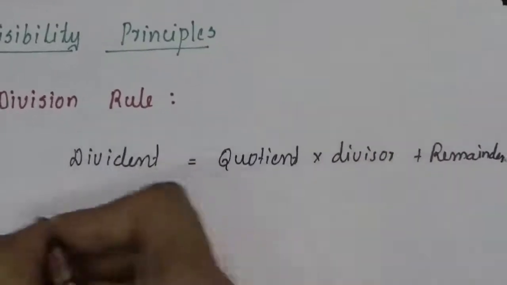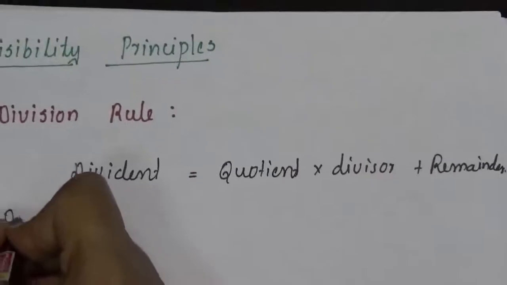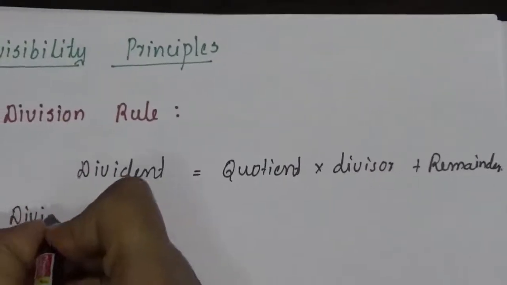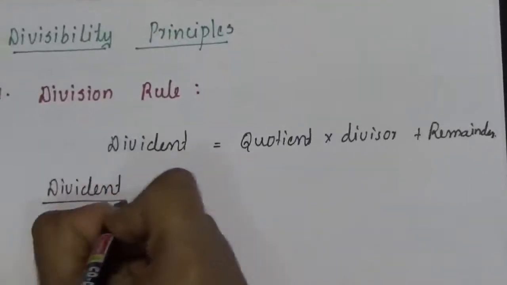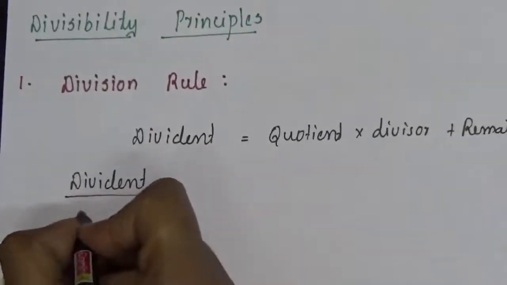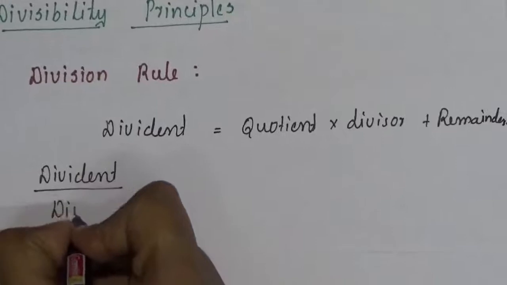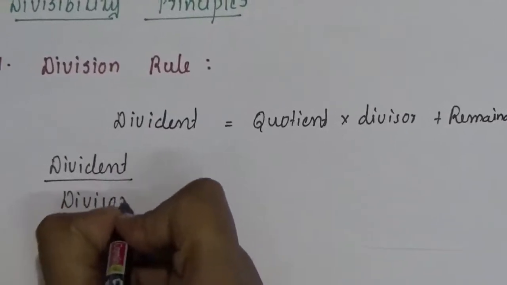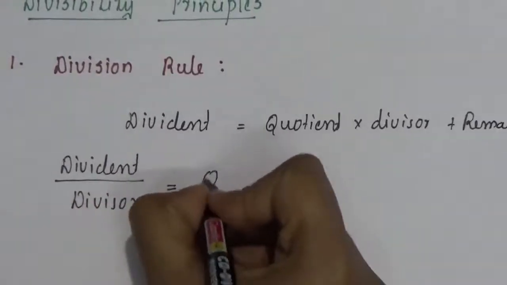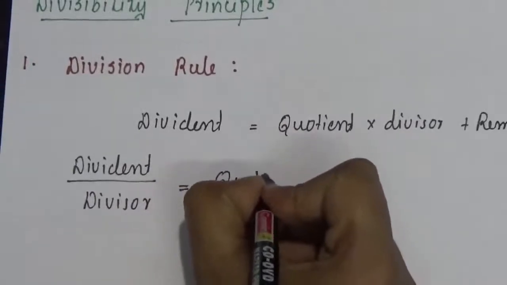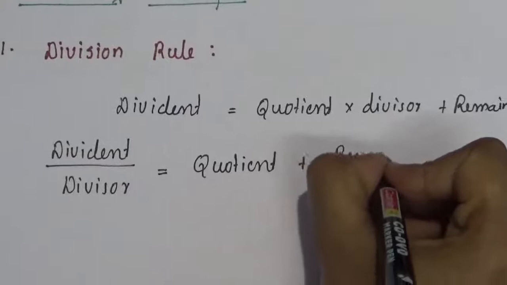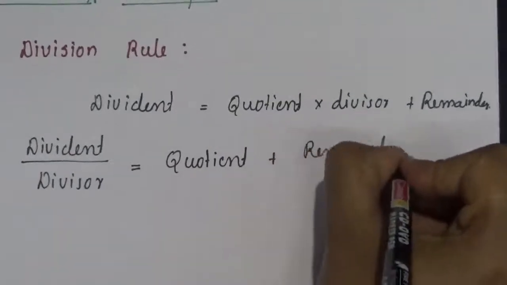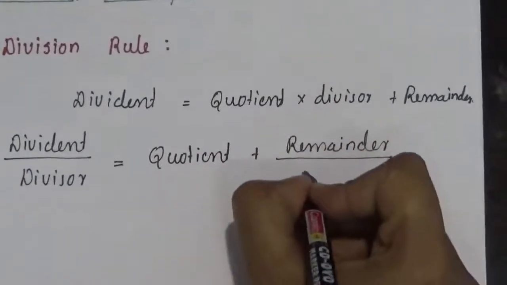When we divide a number, that number is called the dividend. Suppose we are dividing the number by another number, that number is called the divisor. So dividend by divisor is equal to quotient plus remainder by divisor.